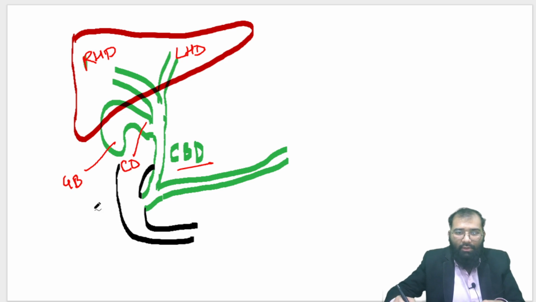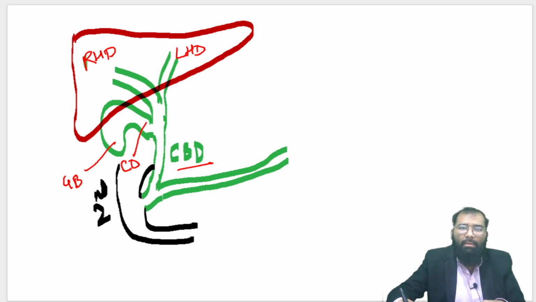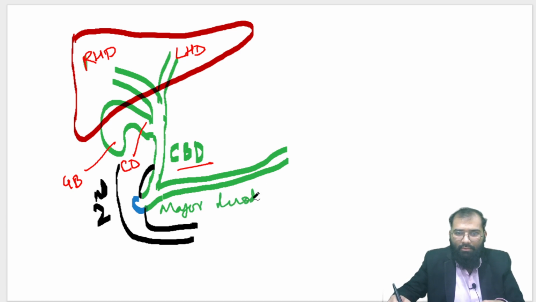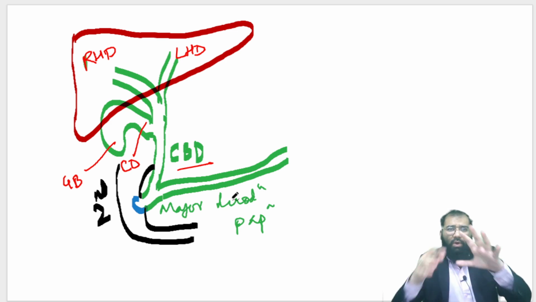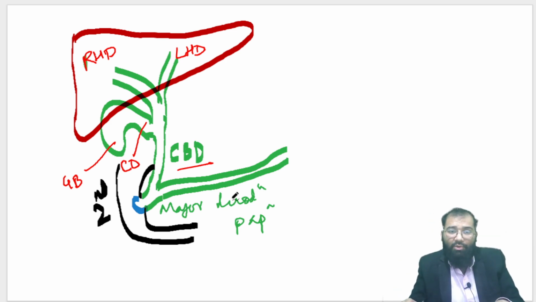Important, it opens in the second part of the duodenum, and the opening is the major duodenal papilla. This opening is called the major duodenal papilla. And it is guarded by a special sphincter which is called the sphincter of Oddi. So all these are the basic anatomy questions.